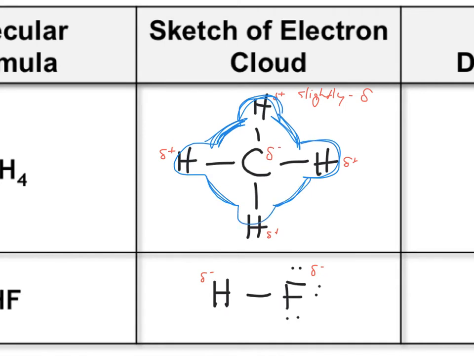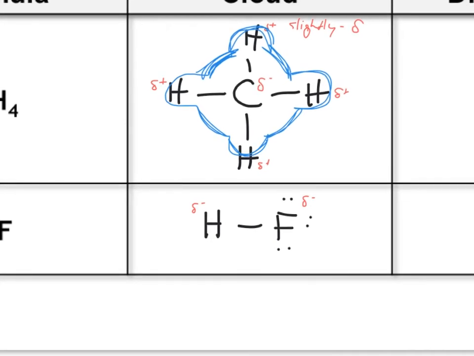So this is my sketch of the electron cloud, and I'm trying to show a bulging around the carbon atom. And for the fluorine side, that's going to get more electrons over here. So I'll do a much larger electron cloud around fluorine than hydrogen, because its slight negativity is going to draw the electrons to its side more often.